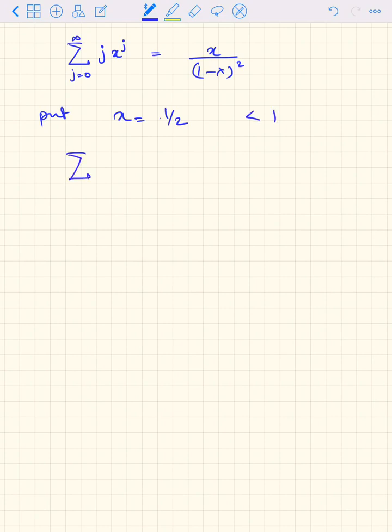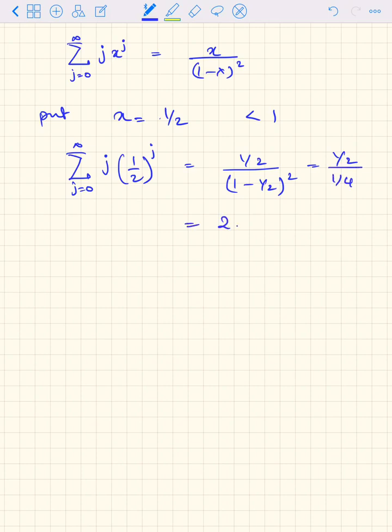So then we end up with summation j equal to 0 through infinity j over 2 to the power j is equal to 1 half over 1 minus 1 half squared, which is half over 1 over 4, and this is equal to 2. On the left, it's basically summation j equal to 0 through infinity j over 2 to the power j. If you remember, this is what we initially wanted to do.